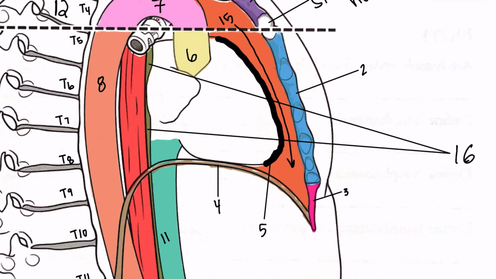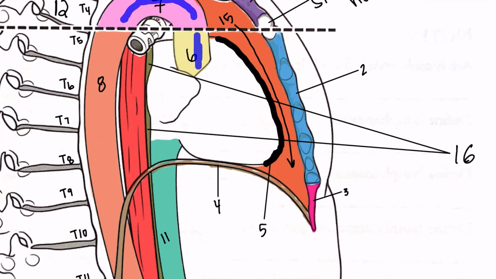Number four is our diaphragm. We get to see it again, but this time it's from a different angle. Number five is our pericardium, which is that fibrous tissue that surrounds the heart, right? Number six is our ascending aorta.